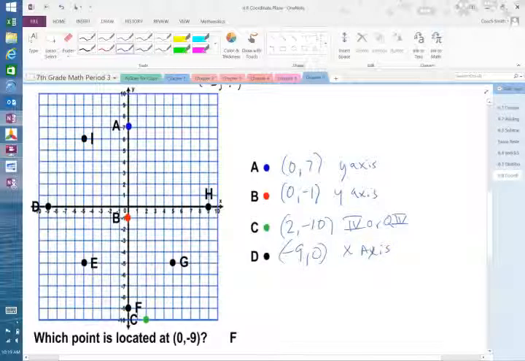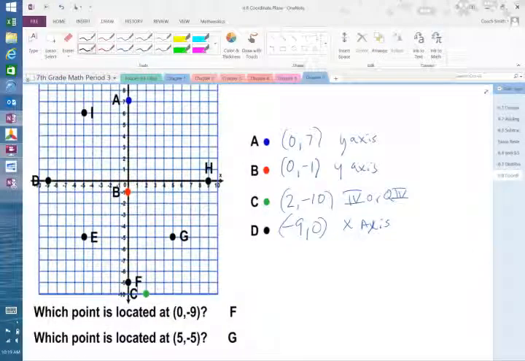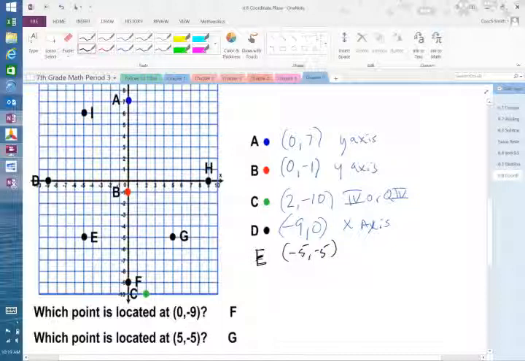Okay. So, what about E? What are the coordinates of E? Joshua? Yes, -5 and -5. What quadrant is that, Xander? Quadrant 3. That is correct. Yep.